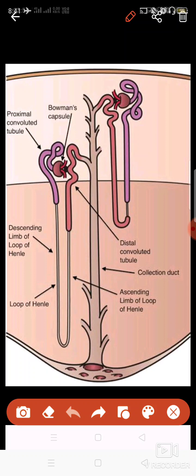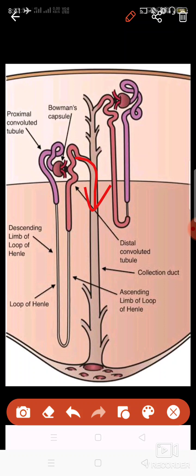Now you see here occurs the ultrafiltration. Then in this part, when the blood is passing through, all the things which are required by our body are absorbed. And once everything is absorbed, then only water, ammonia, and some harmful things like toxins are present.